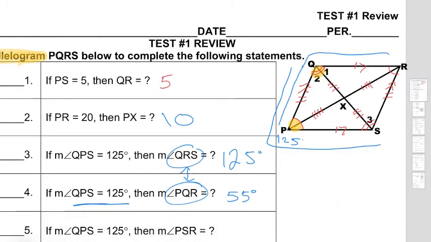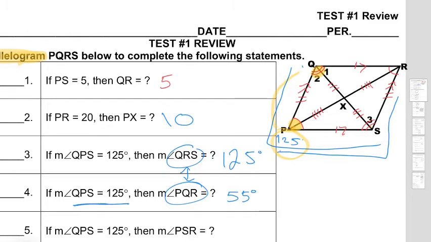Erase that. So next question, it says if angle QPS, so once again same angle, QPS is 125, then what is PSR? So PSR, once again, well, one way to think about it is, remember, we know this is 125, right?